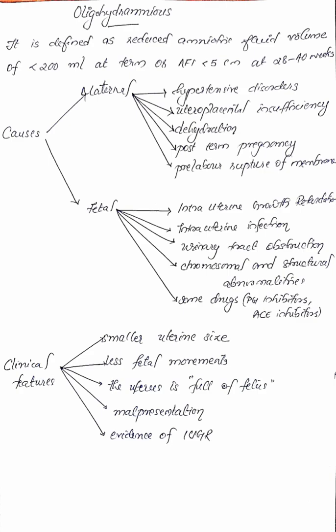And of course there will be malpresentation. Normally, if the baby is in an oblique lie, towards term the baby moves to longitudinal, and if the baby is in breech presentation, there is some chance for the baby to turn to cephalic presentation. But in oligohydramnios there is no space for the baby to move from one place to another.